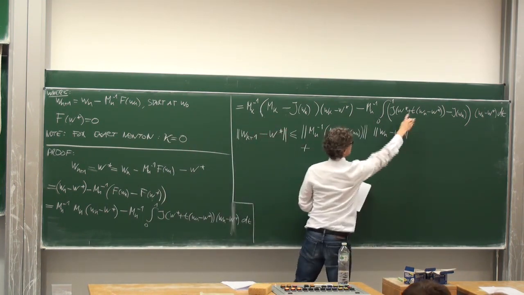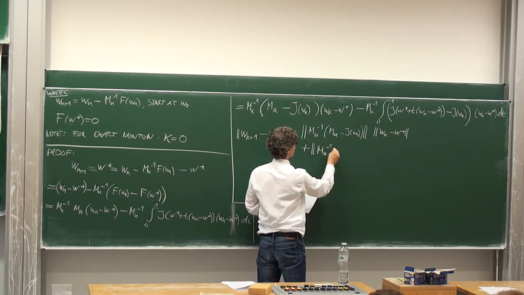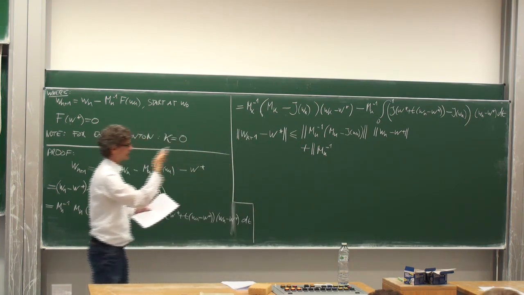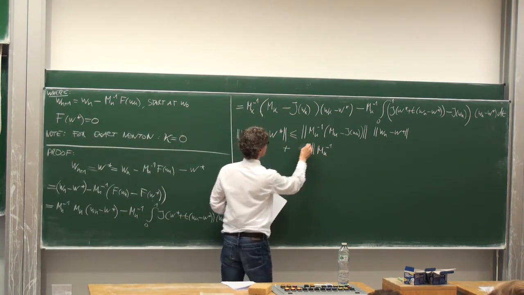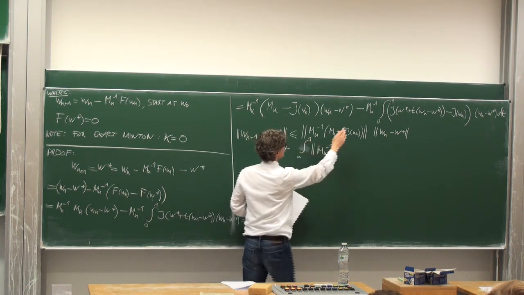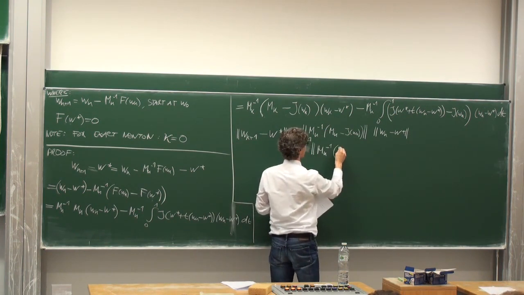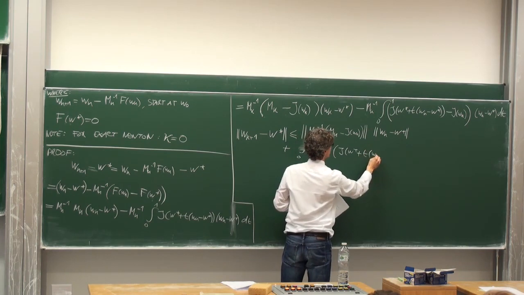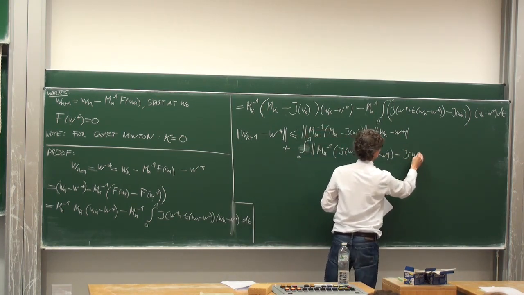Now the minus sign doesn't matter. And I take mk to the minus 1, and then here I can pull the integral out, so I take 0 to 1. I pull this into the integral, and then I take the norm in the integral already, and here I have j of w star plus t times wk minus w star, minus j of wk.